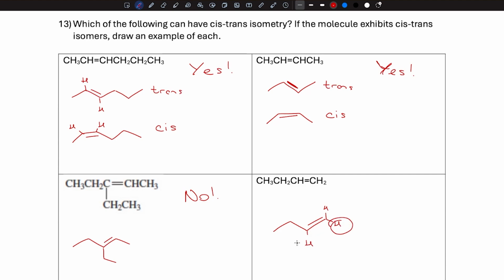We have hydrogen and hydrogen. And so if you wanted to compare and say whether it was cis or trans or not, which hydrogen do you look at? You actually don't know. And so this does not have cis or trans isomerism. This is one of our examples in the topic video of molecules that would not exhibit cis or trans isomerism, in which one of the double bonded carbons has the same group bonded to it twice.